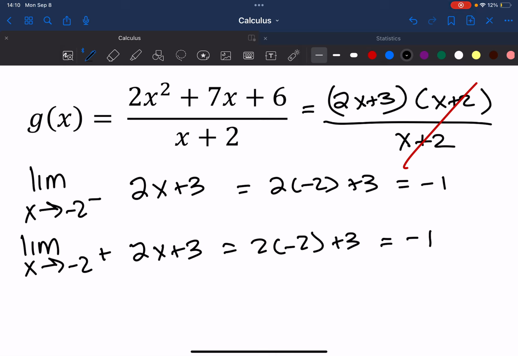Well, then I have to find g of -2 by using my original function, which I know if I plug in -2, I'm going to get something with 0 on the bottom, so it's undefined.